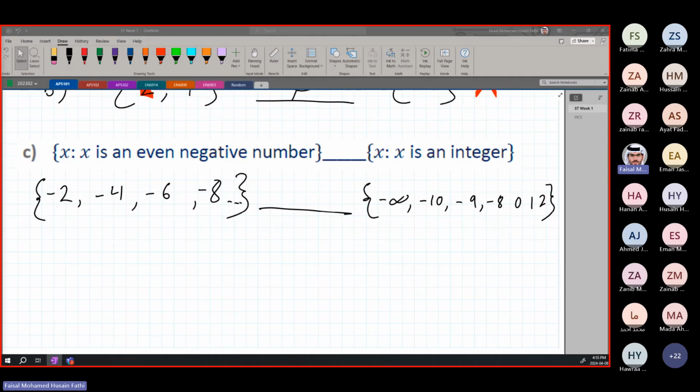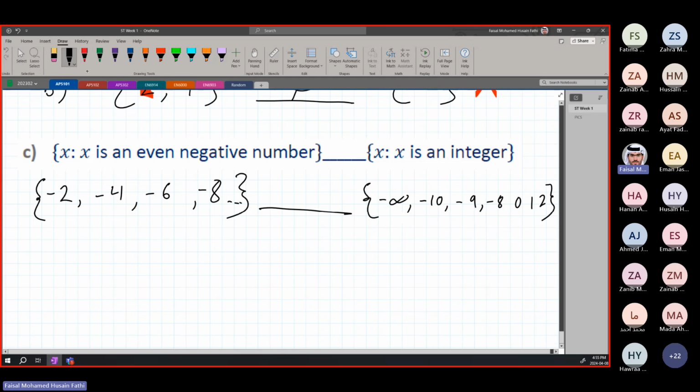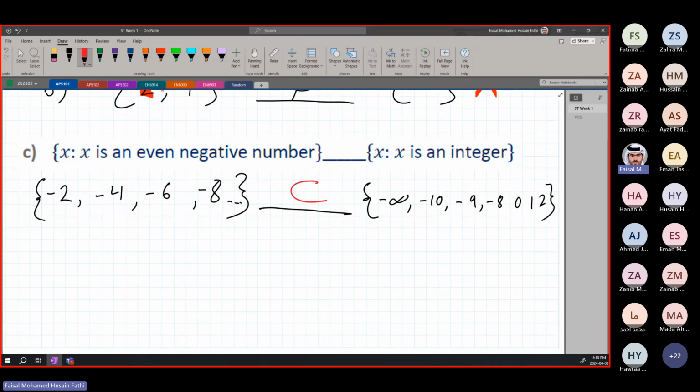So is this a subset or no? Is -2, -4, -6, -8, all the negative numbers, a subset? Yes, it is, because this has all the numbers negative and positive. This has all the negative even numbers. So all the negative even numbers exist in all the rest of the numbers. So this is a subset of that.